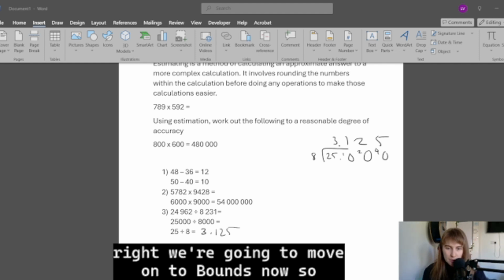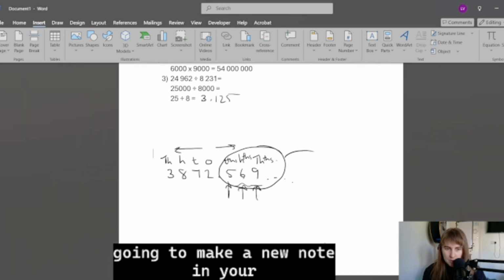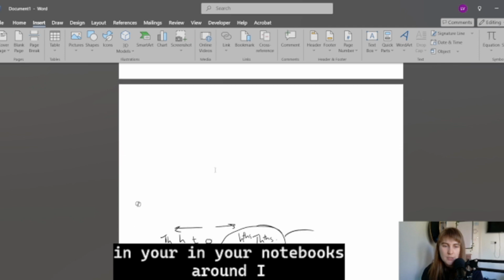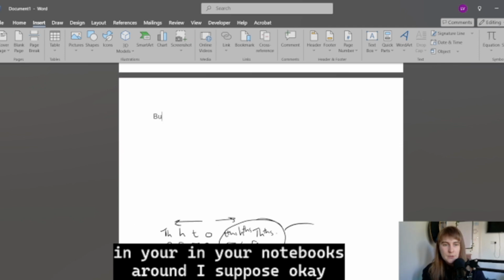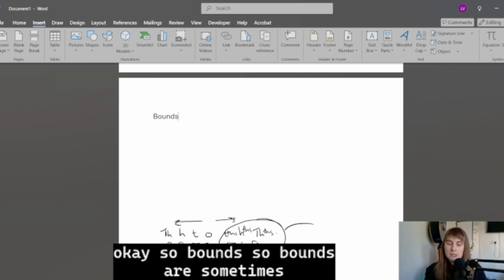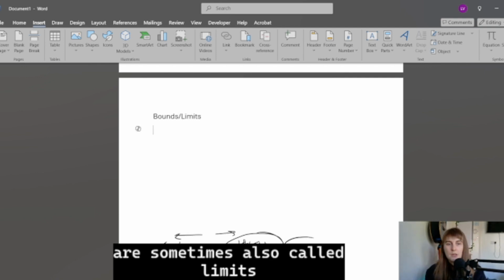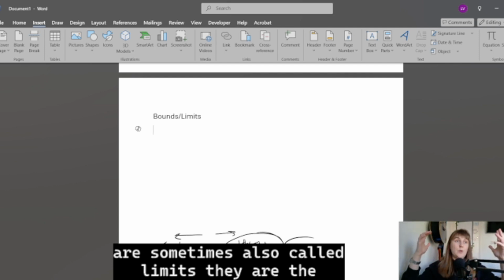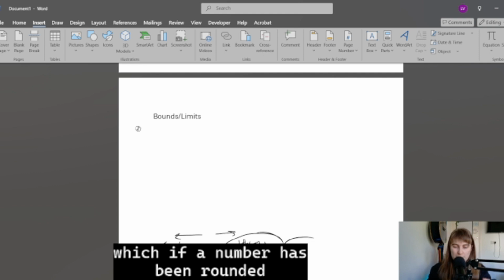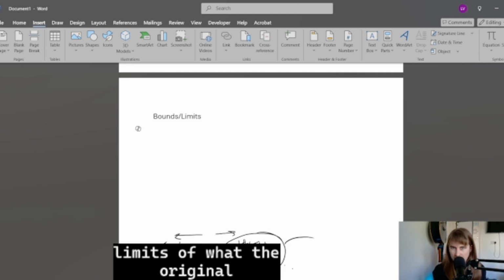So I'm going to make a new note in your notebooks. Okay, so bounds. So bounds are sometimes also called limits. They are the limits at which, if a number has been rounded, what are the limits of what the original number could have been?